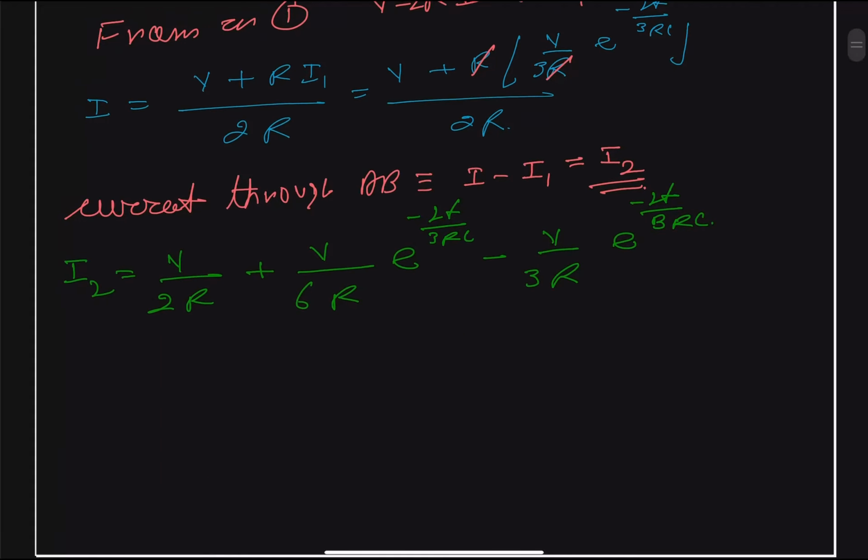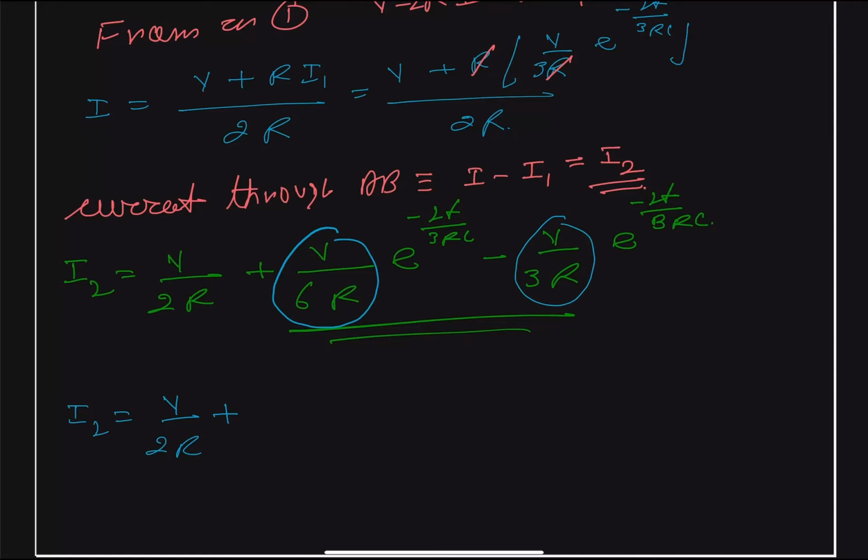And we can just solve these two equations. So we can take this as common, so we get I2 equal to V upon 2R plus 6V upon 6R minus V upon 3R.